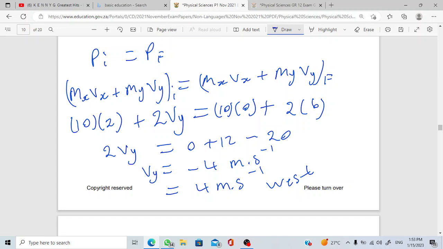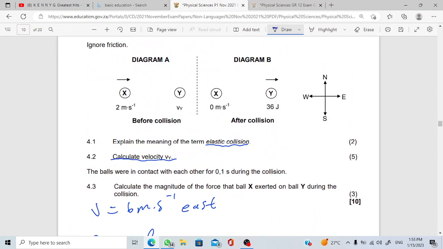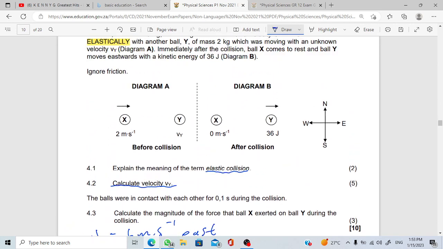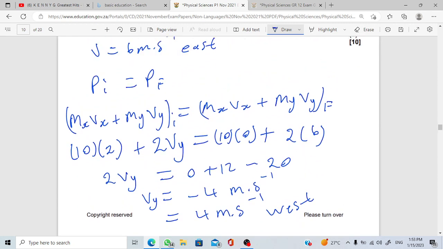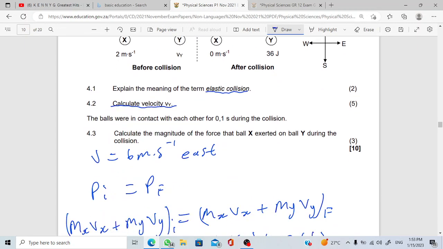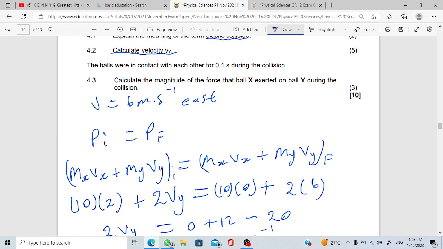So the key thing for you to know here is using the momentum equation to find the velocity of ball Y. All right, from there you can now find Vy. Now 4.3, they say the balls were in contact with each other for 0.1 seconds during the collision.